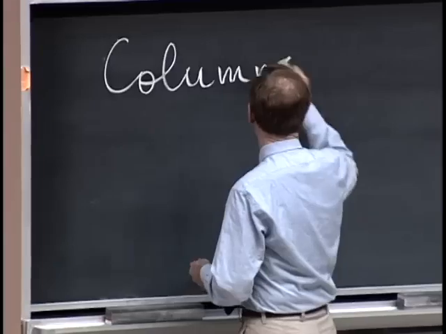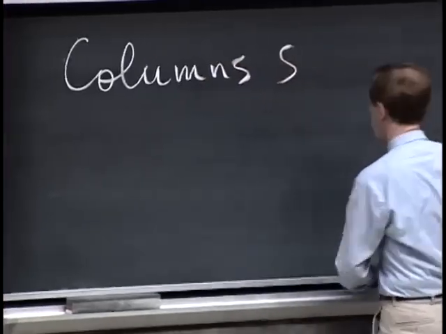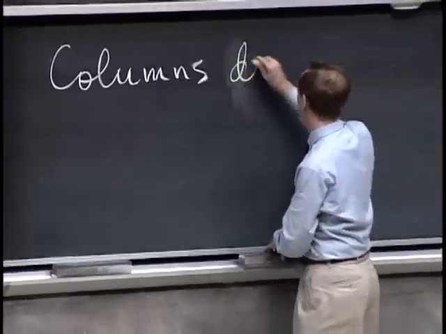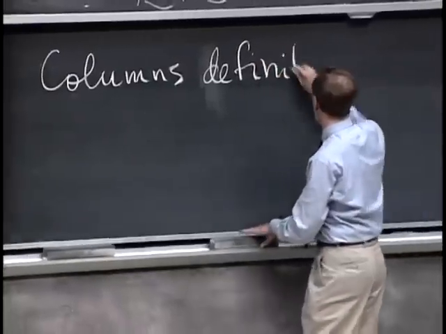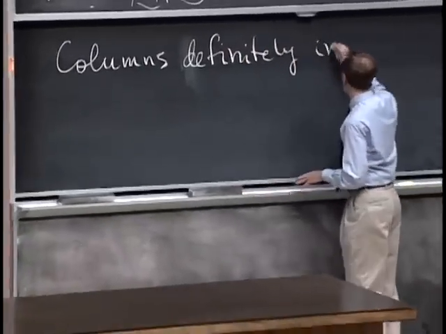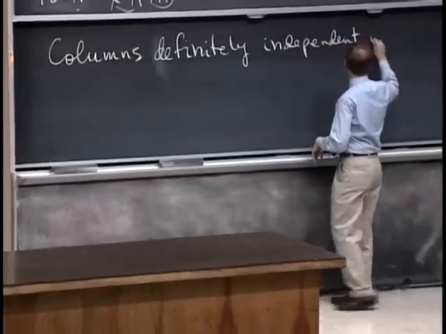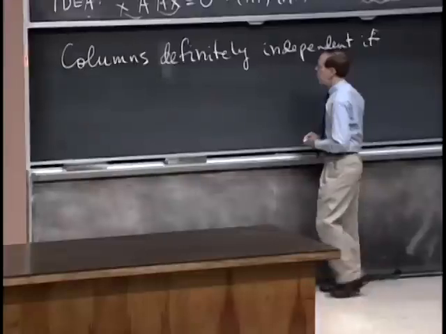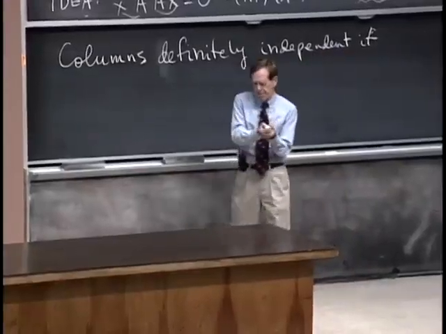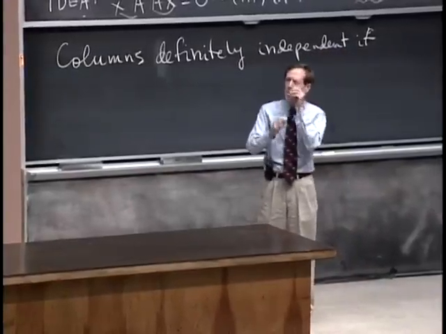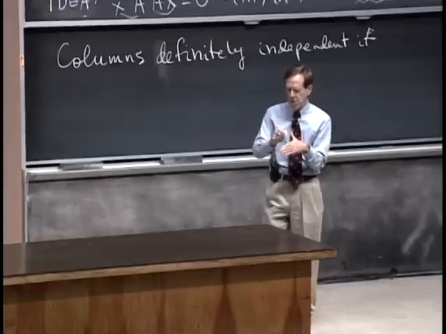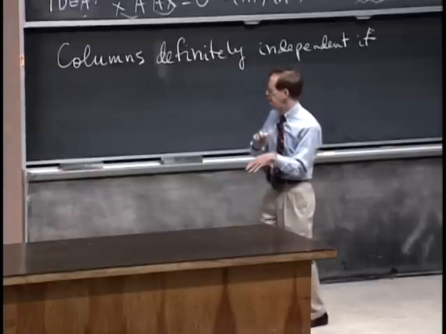Columns are certainly independent, definitely independent, if they're perpendicular. Oh, I've got to rule out the 0 column. Let me give them all length 1, so they can't be 0.